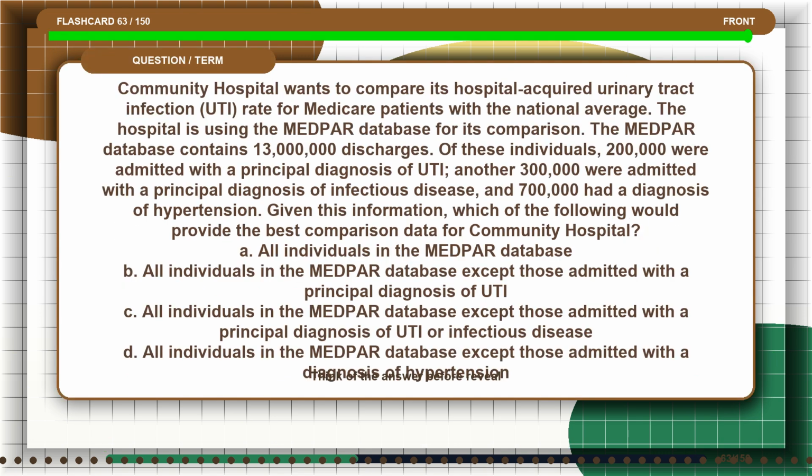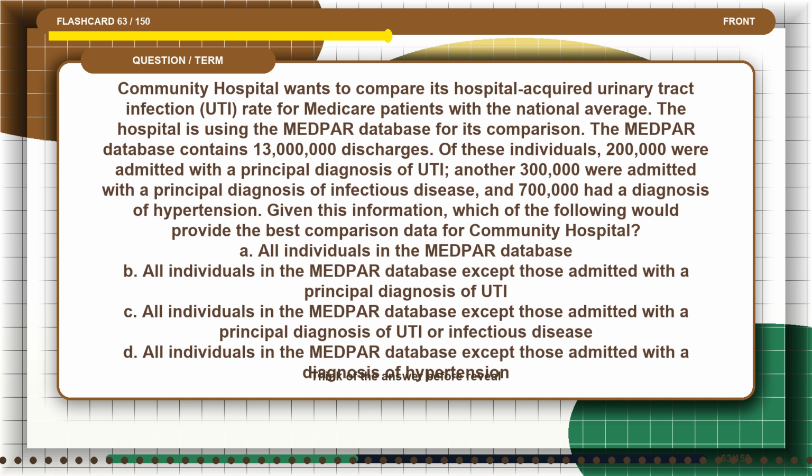Flashcard 63. Community hospital wants to compare its hospital-acquired urinary tract infection (UTI) rate for Medicare patients with the national average. The hospital is using the MedPAR database for its comparison. The MedPAR database contains 13 million discharges. Of these individuals, 200,000 were admitted with a principal diagnosis of UTI. Another 300,000 were admitted with a principal diagnosis of infectious disease, and 700,000 had a diagnosis of hypertension.